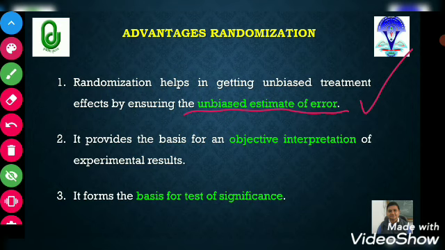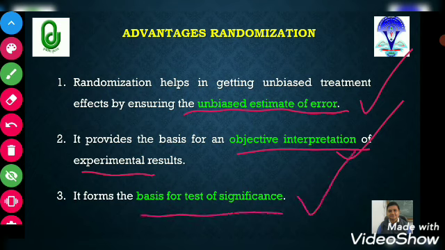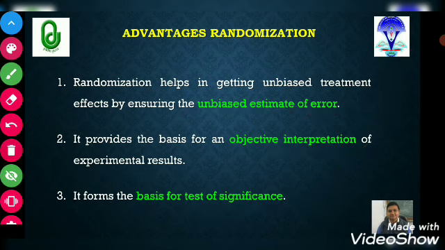It provides the basis for objective interpretation of the experimental result. When you are unbiased in application of treatment, you will get objective interpretation of results. Otherwise, your result will be tilted towards one side. It will be biased. It also forms the basis of test of significance. Your test of significance will be valid if your allocation of treatment is randomized. Otherwise, there will not be any meaning of doing the experiment.